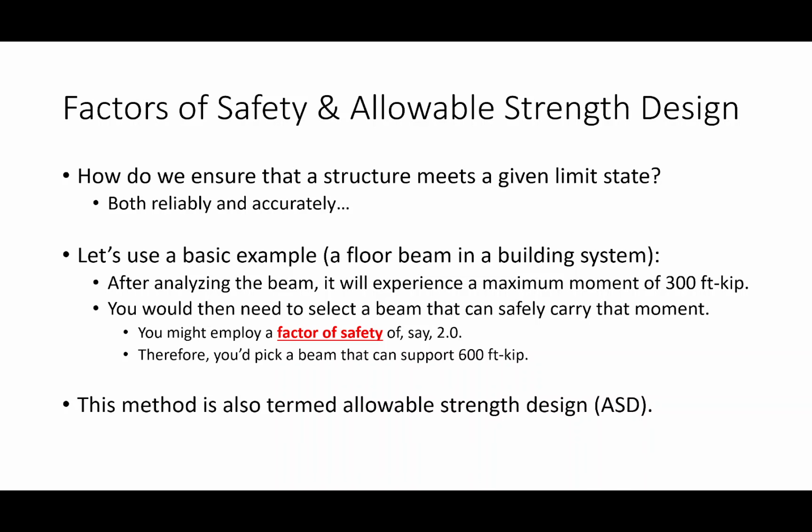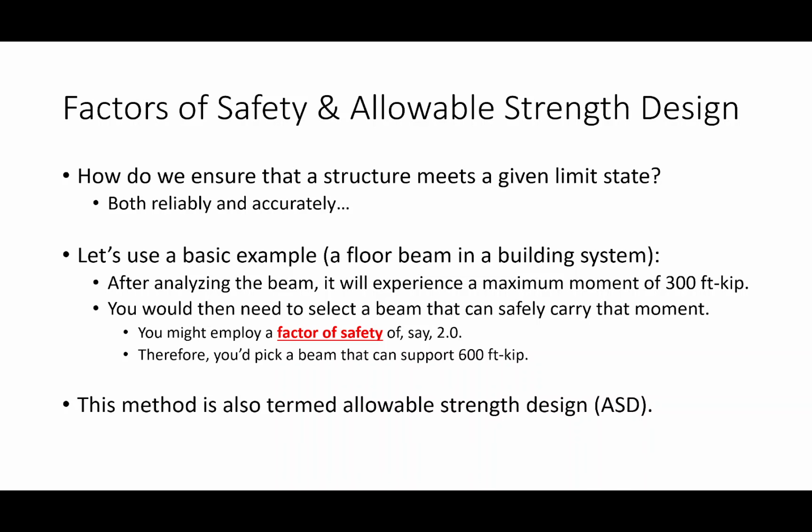Do I tell you as a consumer that 800 pounds is how much that table can hold? Probably not. Instead, I'm going to back that off a little bit. Let's say I use a factor of safety of 2. So if its actual capacity is 800 pounds, I might say its allowable capacity is 400 pounds, 800 divided by 2.